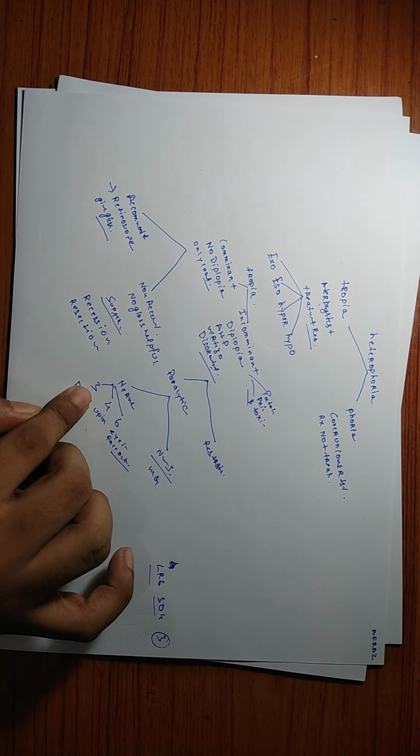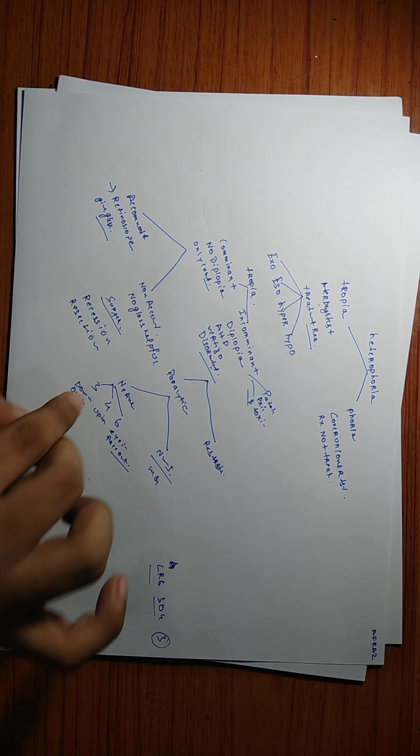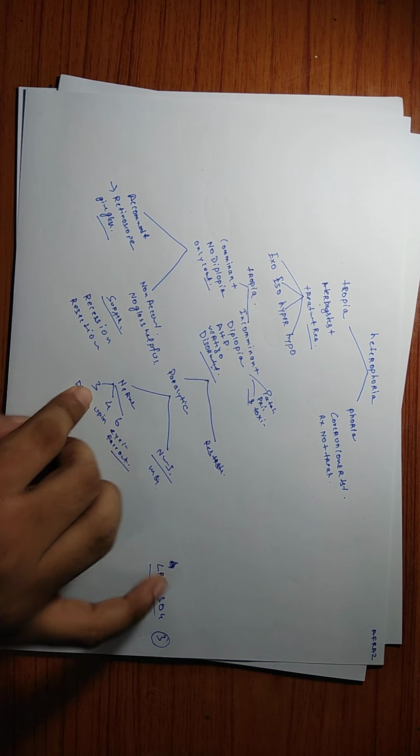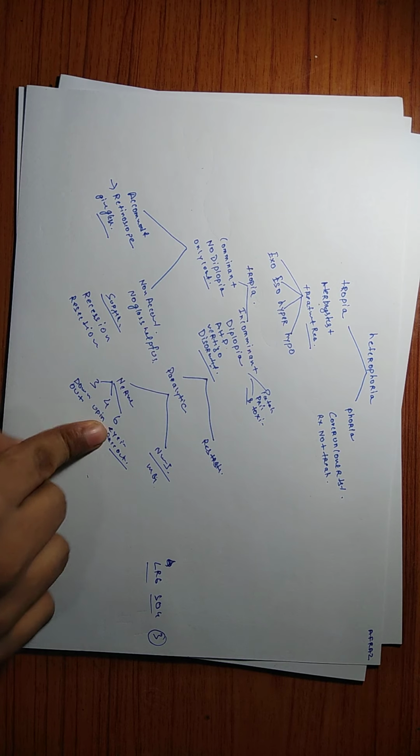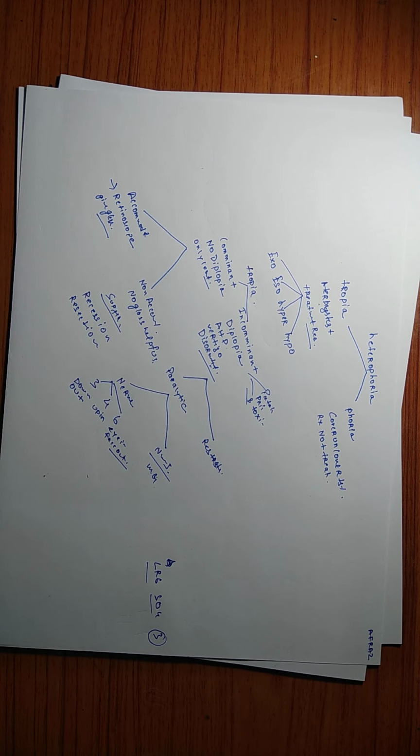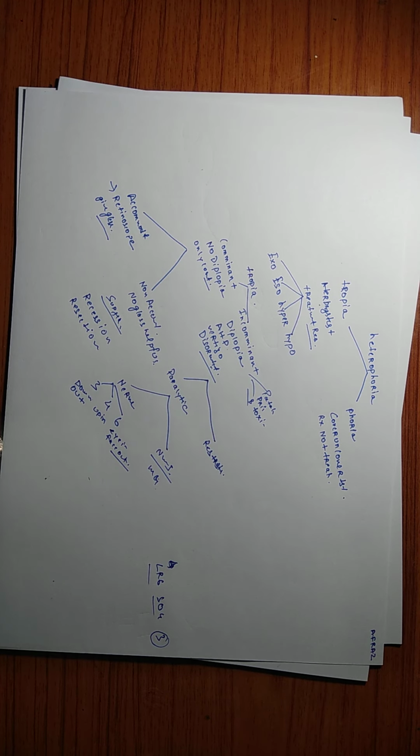Either the third nerve, fourth nerve or sixth nerve can be affected. Find out whether the function of the third nerve is intact or not, fourth nerve, sixth nerve. If the function of that muscle is affected, that means obviously the nerve supplying that muscle is gone. And for the neuromuscular junction, you find out myasthenia gravis and you treat it. So you treat the underlying cause, and along with that you treat the diplopia.